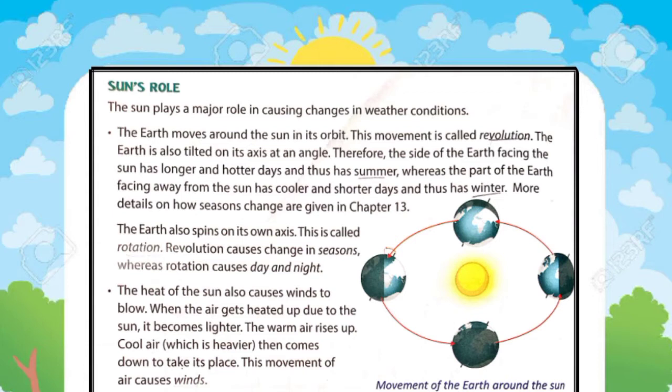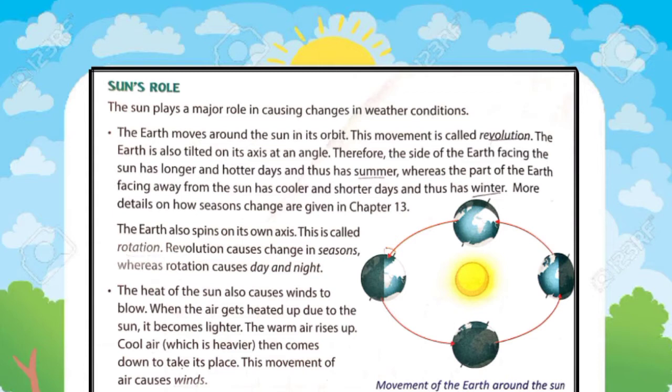It also spins, and in science we call that rotating on its axis. Since the earth revolves around the sun and rotates on its axis at the same time, we experience seasons, day and night, and changing shadows throughout the day.